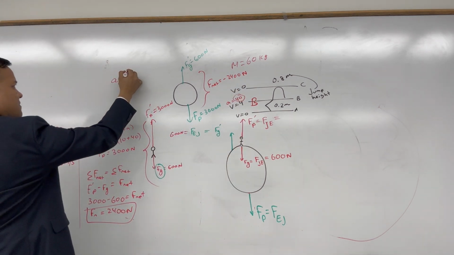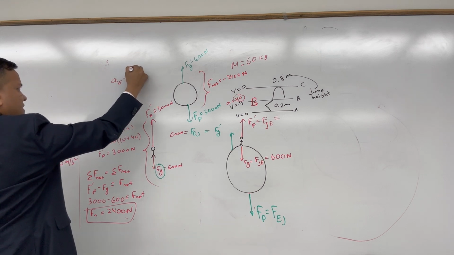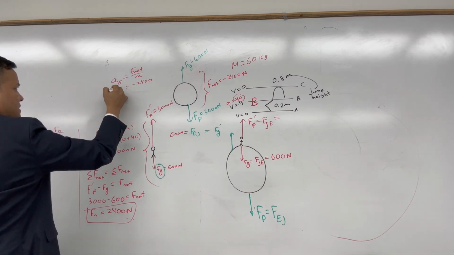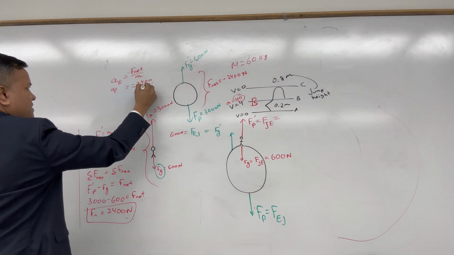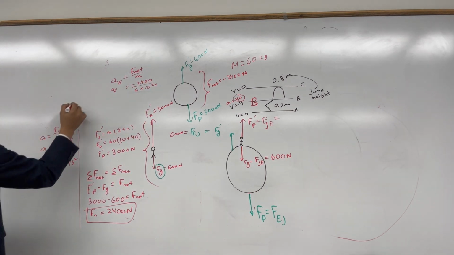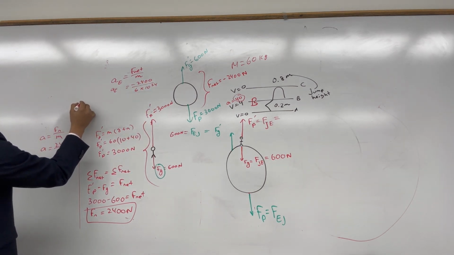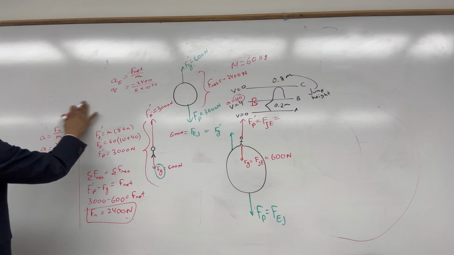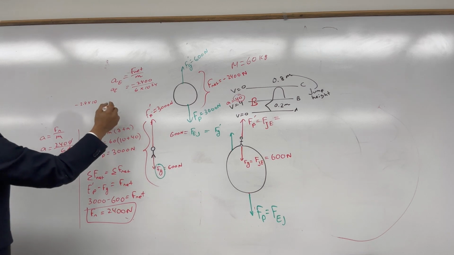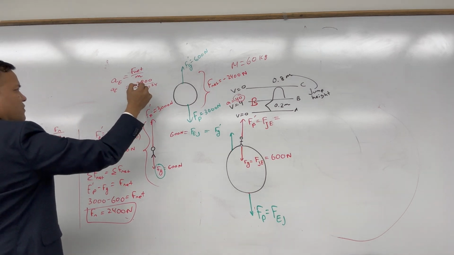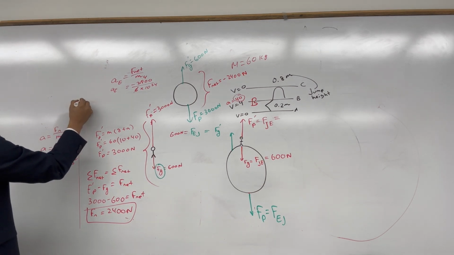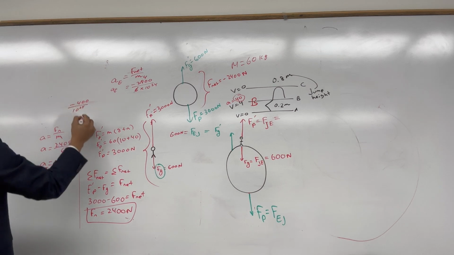So F net over mass, so negative 2400 divided by 6 times 10 raised to 24. Negative 2400 divided by 6 is negative 400, so negative 400 divided by 10 raised to 24.